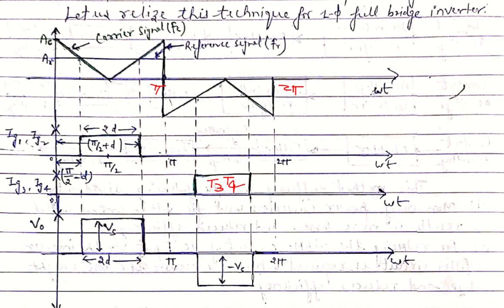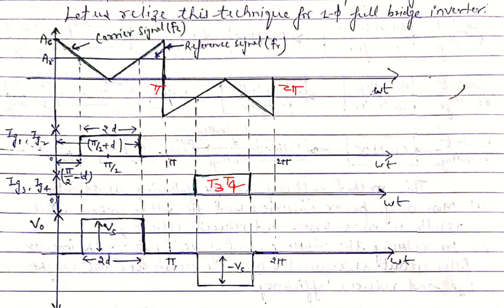What we assume here is that the total pulse width of one pulse in a half cycle is 2d. So we define 2d as the half cycle pulse width. From 0 to pi, if we take the center point of this pulse, that is pi by 2, and the total pulse width is 2d, then half is divided, so this is pi by 2 minus d and this is pi by 2 plus d.